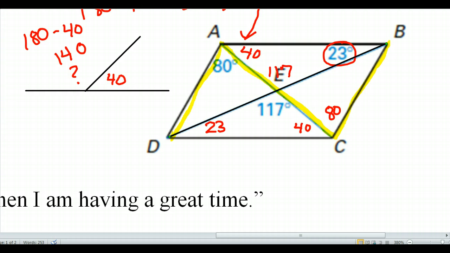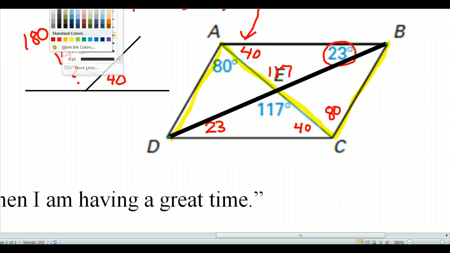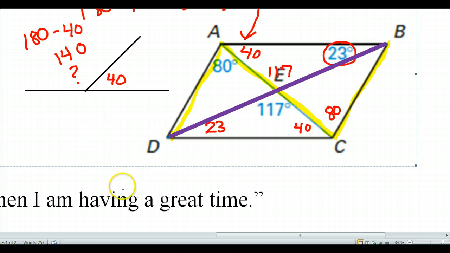I could have put it the other way too. Let me make it a little bigger. Look at that as my straight line. Now, I'm going to split that into two angles.